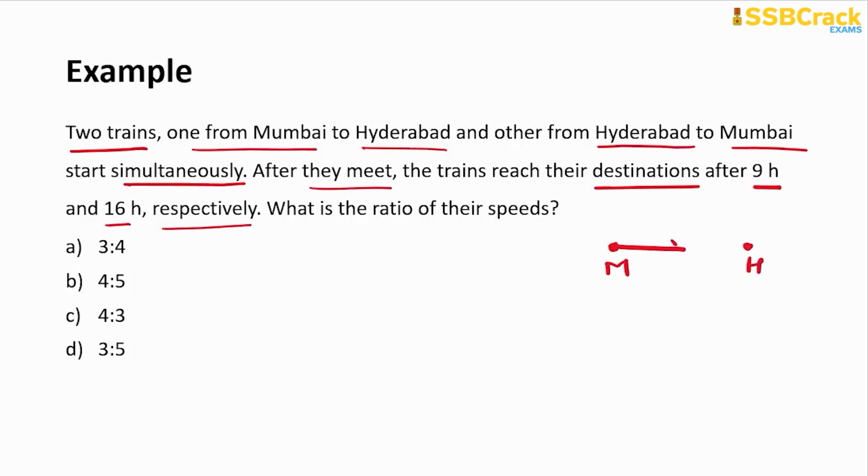The Mumbai train is reaching Hyderabad and the Hyderabad train is reaching Mumbai. After crossing over, the train from Hyderabad to Mumbai takes the time 16 hours, and after crossing over, the train which started from Mumbai to reach Hyderabad takes the time 9 hours. Understood the criteria?